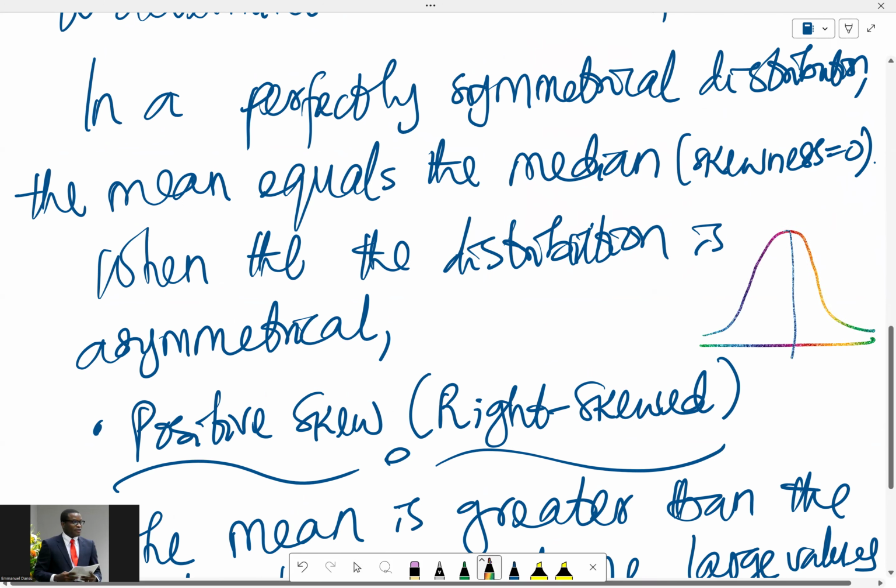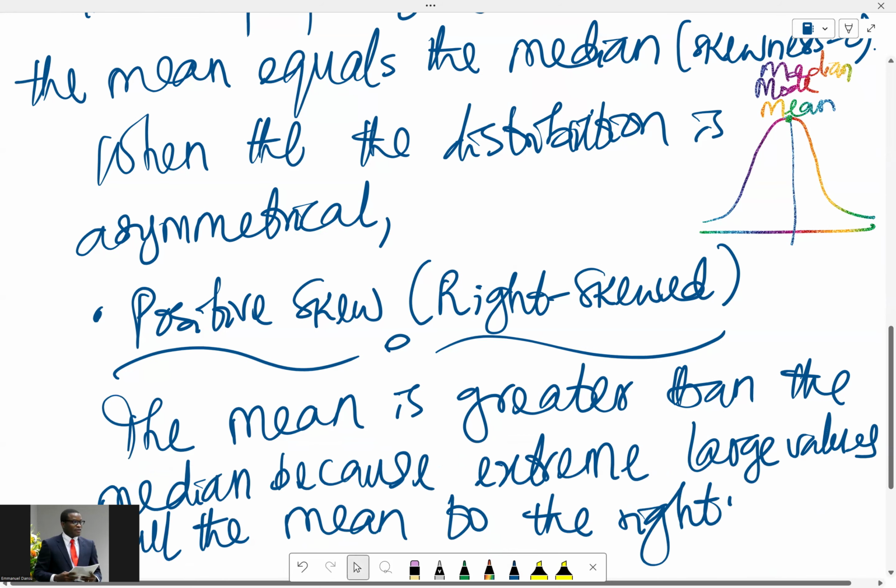Here you see the mode, the mean, and the median. They are all in one place. My representation is not even looking perfect, but the idea is that you have perfect symmetry because the mean, median, and mode all align in the center like this.